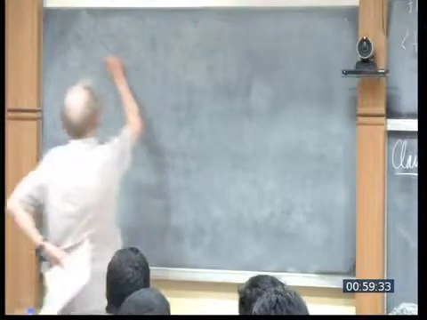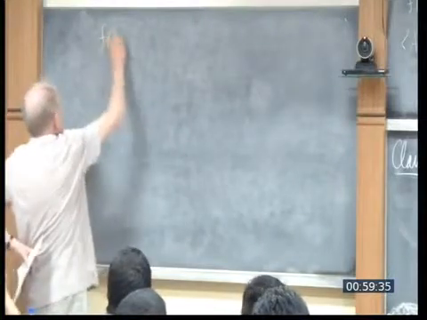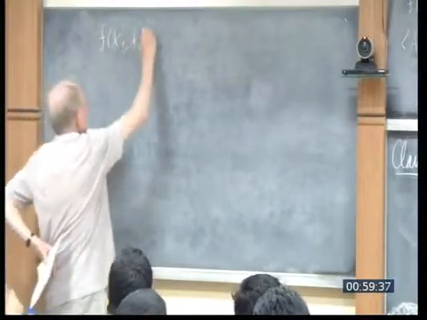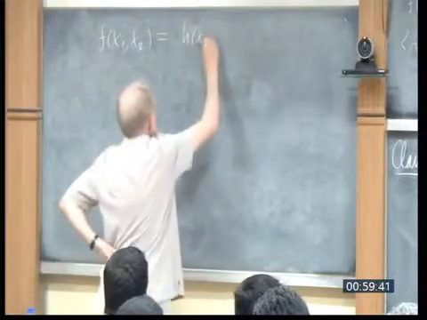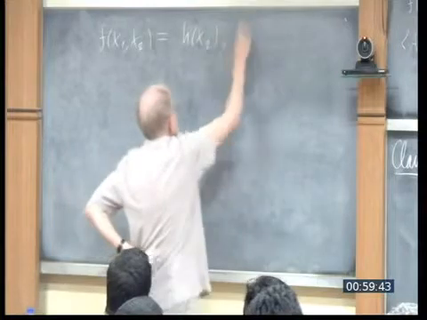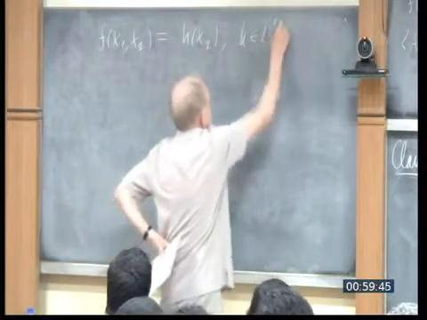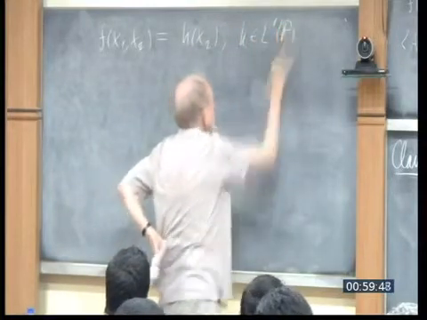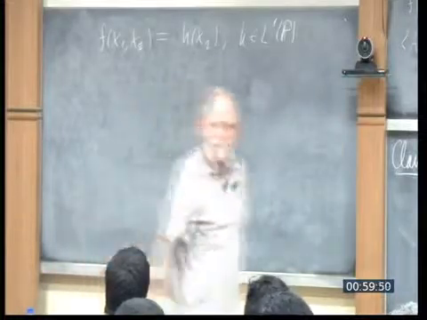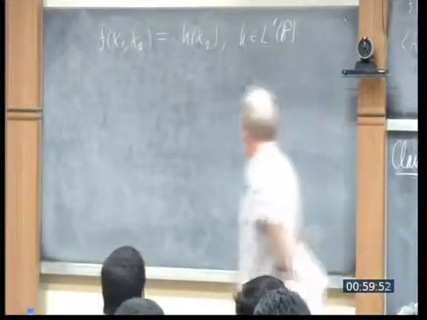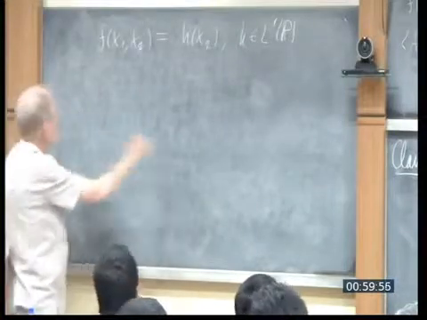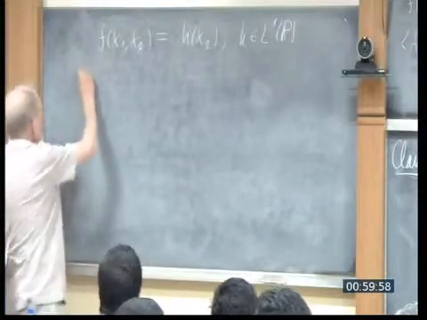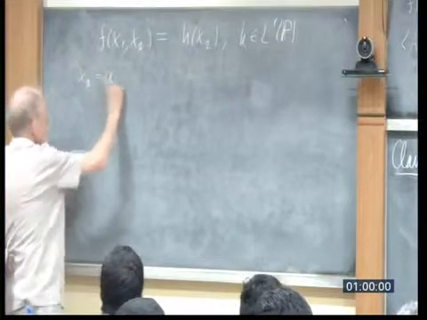Because if f(x1, x2) is equal to h(x2) with h in L1, it does not make sense to take restriction to the submanifold x1 equal to k, say.